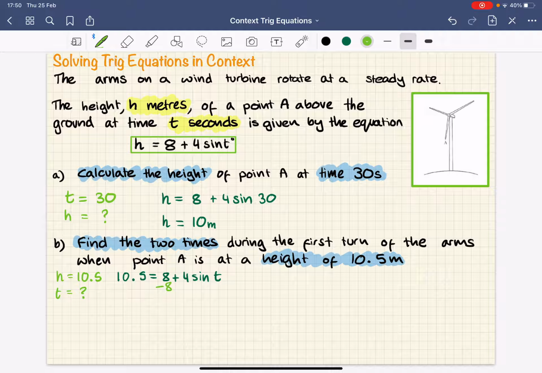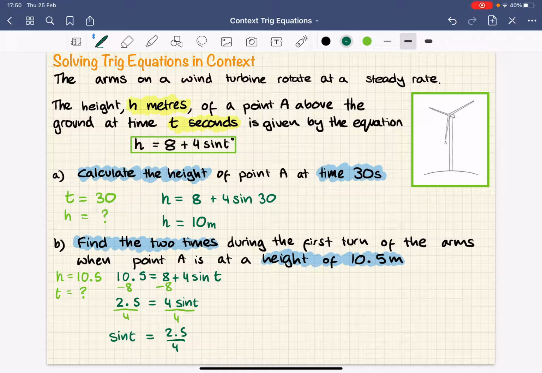I'm going to take away 8 on both sides, so I've now got 2.5 equals 4 sine t. And then I divide by the 4 on both sides, and while I'm at it, I'm going to swap the sine t to the other side. I could simplify that, make it a little nicer, but I don't really need to. So I've got the sine t on its own.